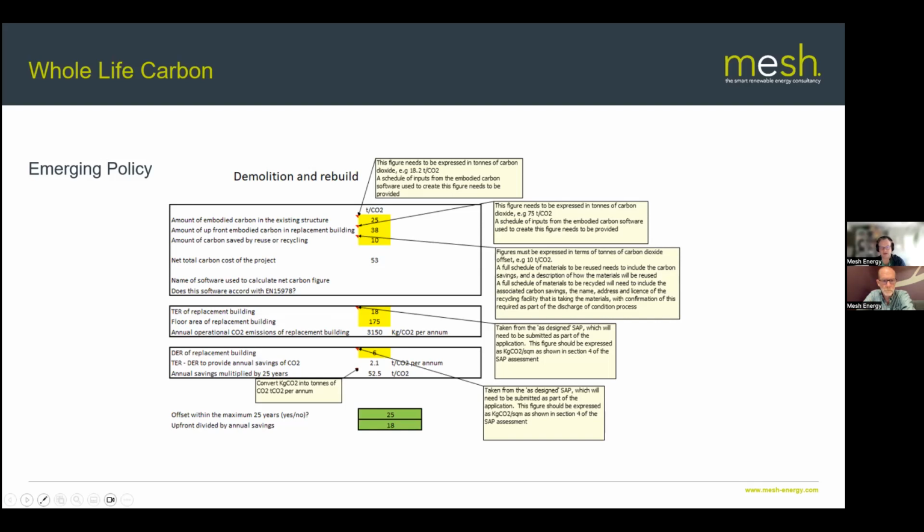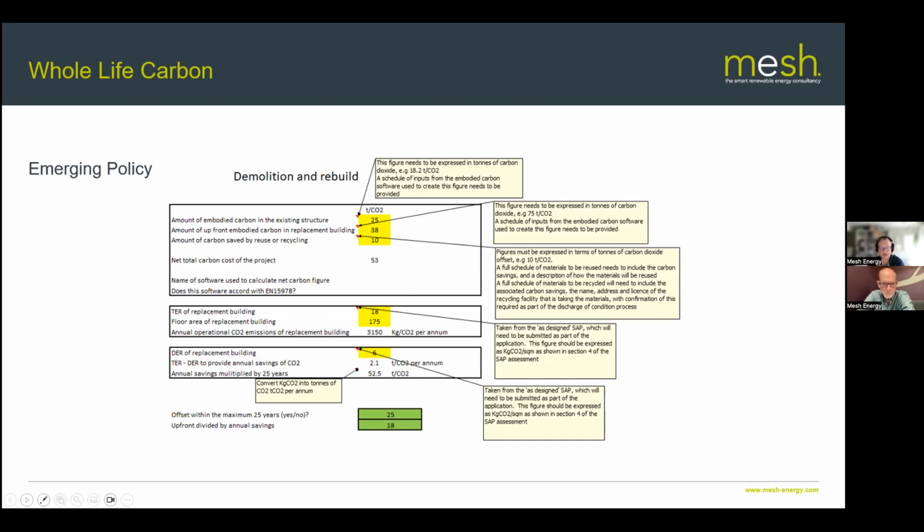Then what it's asking for is to calculate using SAP the TER and DER, and then what that does is provide the annual savings of CO2. In this particular example, the savings would be 2.1 tons of CO2 per annum for the entire gross internal floor area.